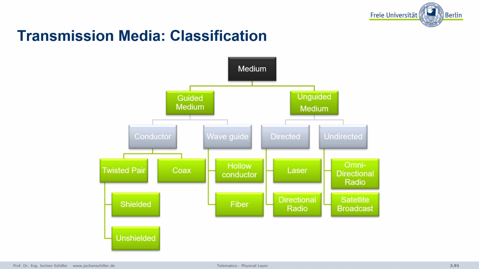So you see, depending on the medium, we have different ways of guiding, not guiding, conducting, etc., our electromagnetic waves, or we can simply use an electric current to transmit our data. Okay, so we can classify the media here, and you should roughly know the differences because they all have different behaviors. We come back to some examples here.